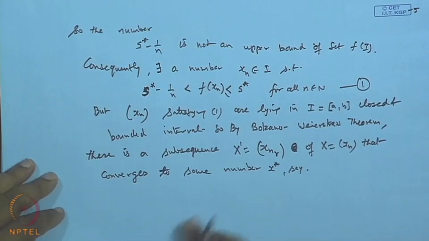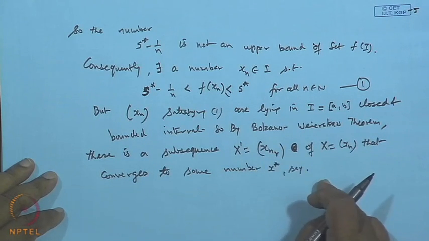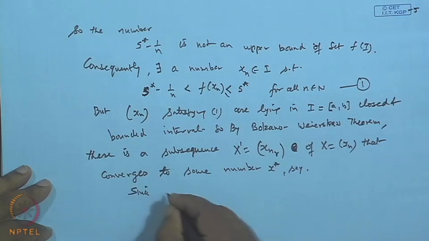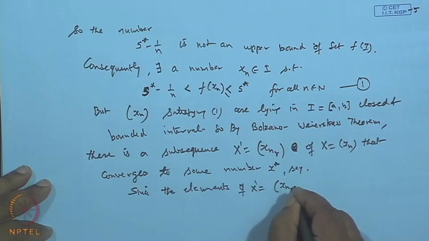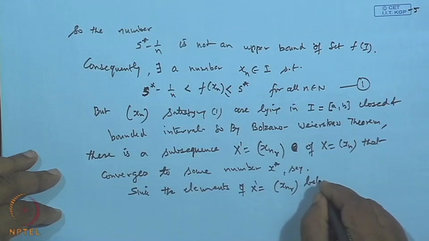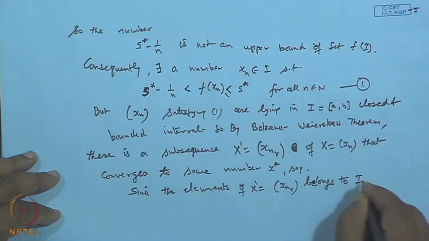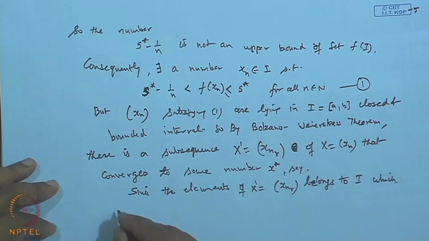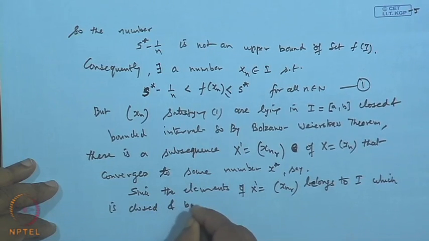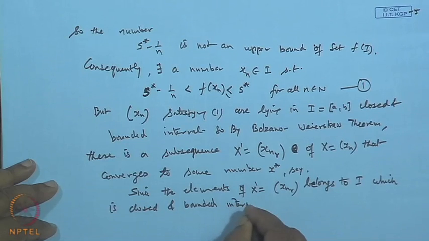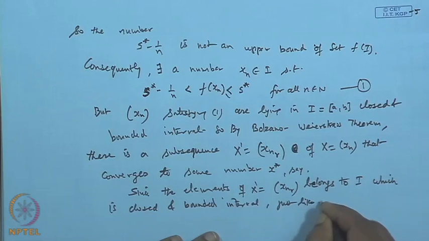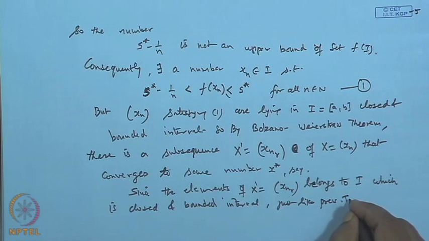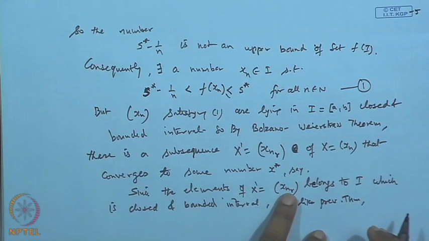So, since all the elements of x dash, that is x_{n_r}, belong to I, which is a closed and bounded interval, just like the previous theorem, we have seen that if a sequence of points belongs to a closed and bounded interval, then the limit point will also belong to it.